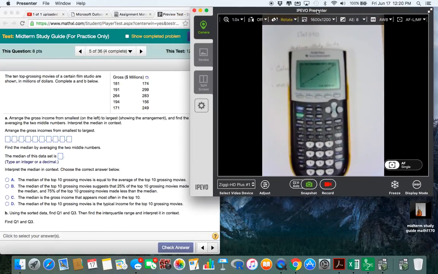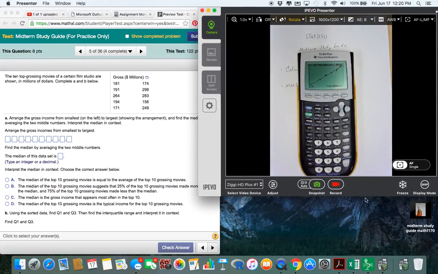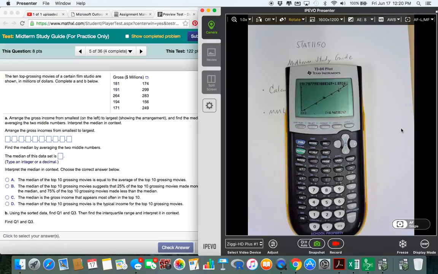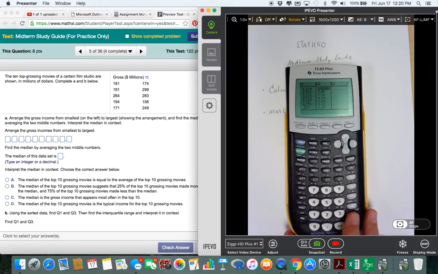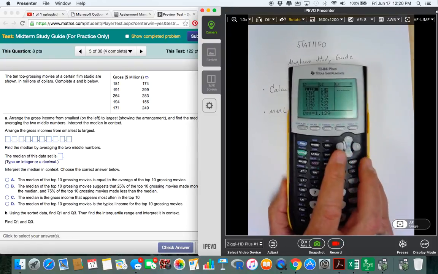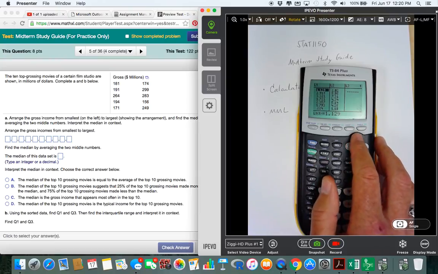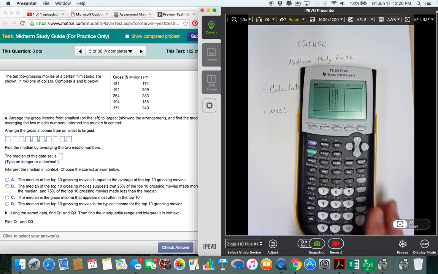Well, I have no idea why my calculator is quivering like that, but that's kind of funny. All right, so let's go to stat, and let's just put these numbers in L1. It's not a 2-variable problem, so we'll just do a clear enter.